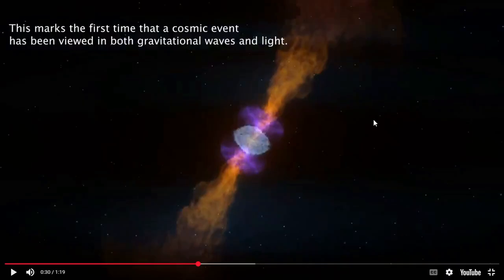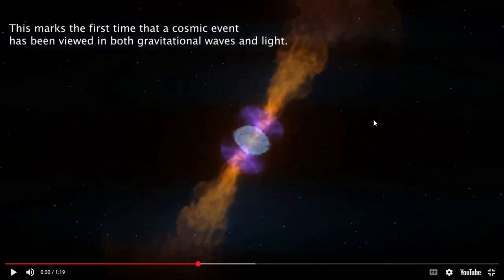These merging neutron stars can generate gamma ray bursts, and that's going to be the material ejected along the poles of the merging system. But if you're not aligned with these poles, then you're not going to see the gamma ray burst.